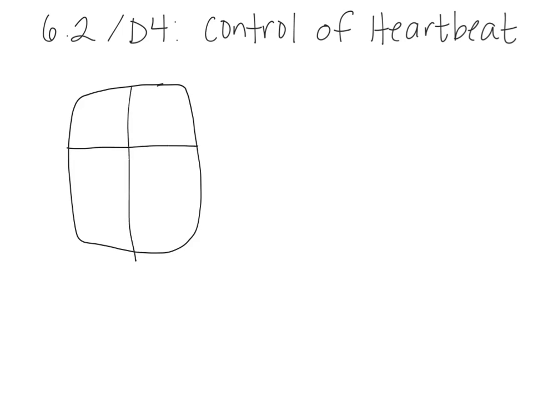Okay, so we have our right atrium, our right ventricle, our left atrium, and the left ventricle. Okay, and I'm going to do another diagram over here on this side where we actually write down the organs and tissues responsible for control of the heartbeat.